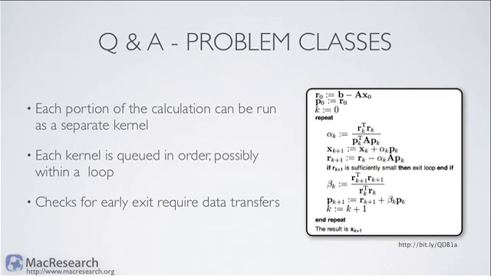So if you're doing conditional checks, what you really want to do is maybe do 10 loops of conjugate gradient minimization, and then do a check. Let's sum up everything and look at our residual over on the CPU, because that might be just a single value that we have to send over to the CPU.